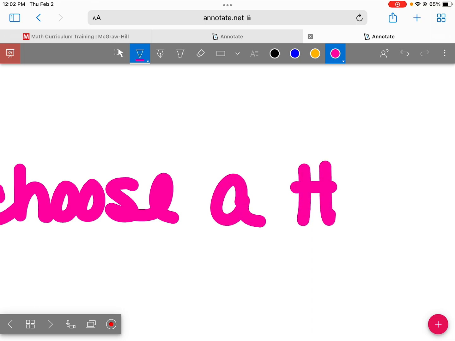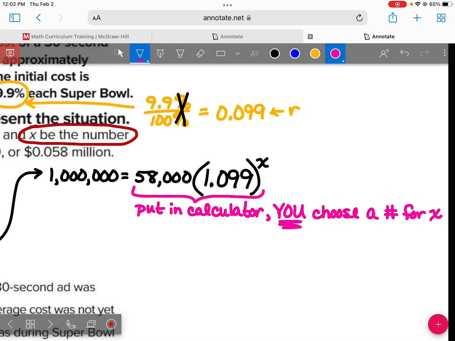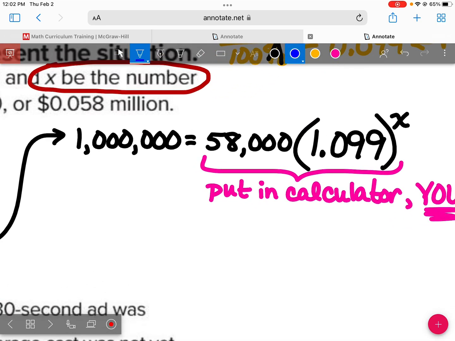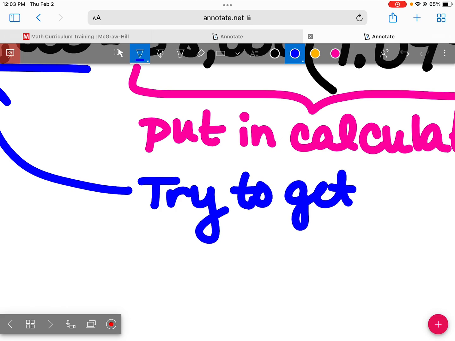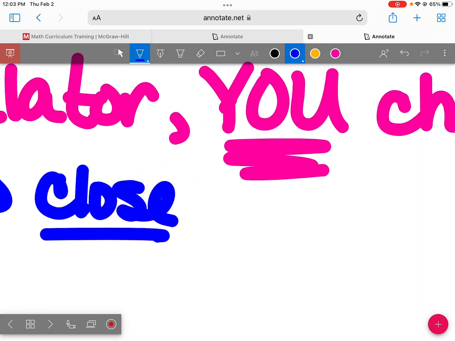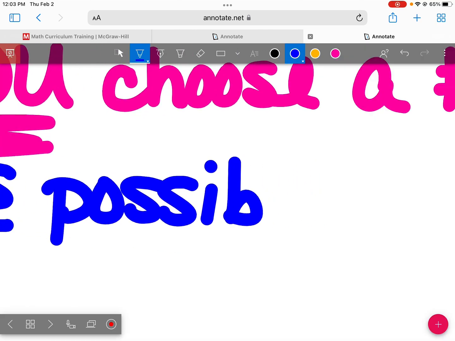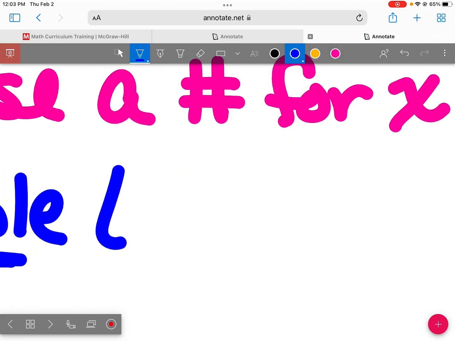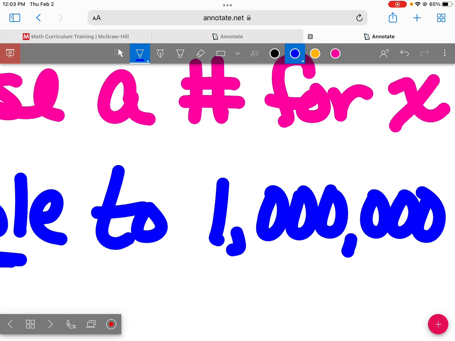You're going to have to do a lot of guess and check, trying to get as close as possible to 1 million, because we want to know where this equals 1 million. You got to pick some x's out and plug them in.